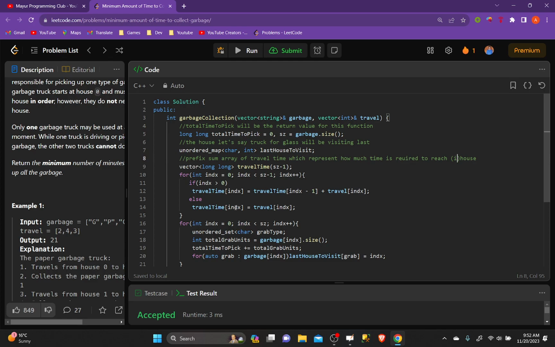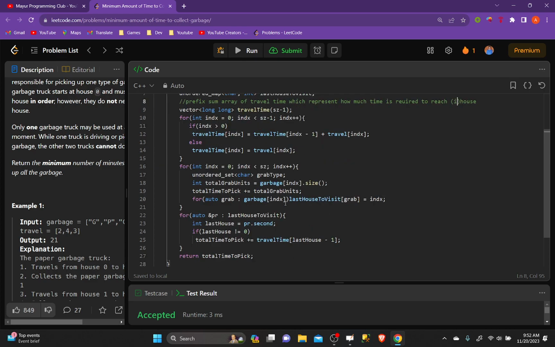So this is what the time to reach, time to travel will be storing.